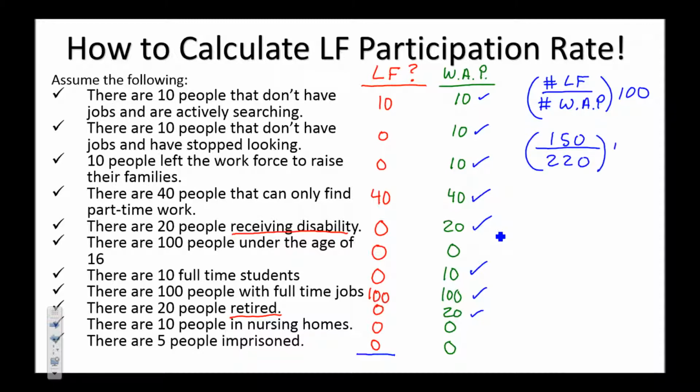And then times 100. And let's go ahead and calculate that. 150 divided by 220 times 100. So we end up with a labor force participation rate of 68.18%. All right?